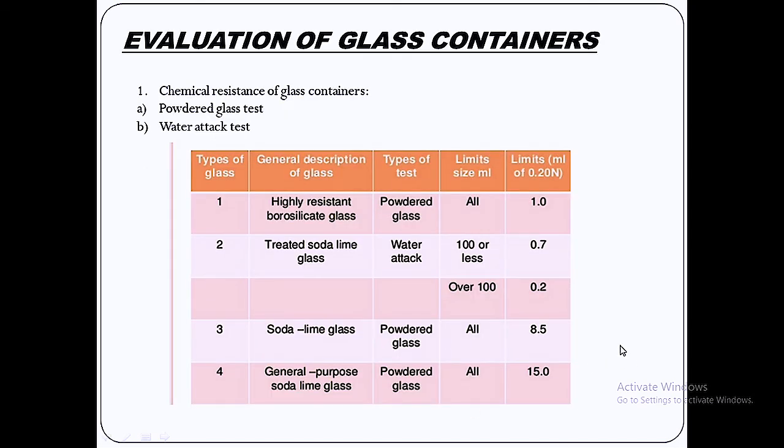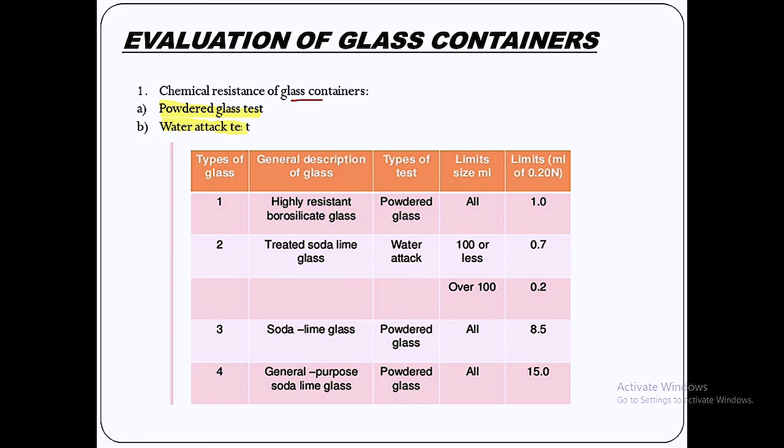Then the most important is the evaluation of glass containers, which we discussed: we have the powdered glass test and the water attack test for the evaluation of chemical resistance of glass containers. Now, no need to go deep into it, because there are big procedures for the powdered glass test and water attack test. But with this, we can see that in the powdered glass test, you are crushing your glass packaging material, and then you are evaluating.